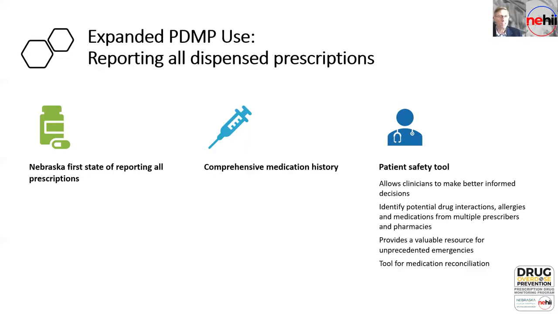And one of the reasons that could have been is if that PDMP were checked, then you would have been able to identify that that antibiotic was properly prescribed. However, you didn't know that the patient was on another drug, a blood thinner called Coumadin or warfarin. And that drug can have some potentially fatal interactions or serious interactions as well, such as bruising, bleeding, and stroke when these are given together.